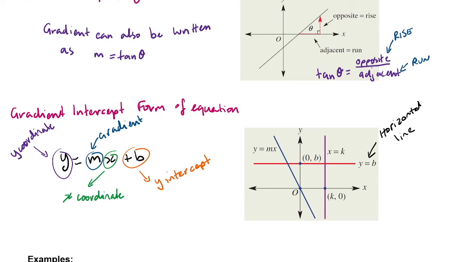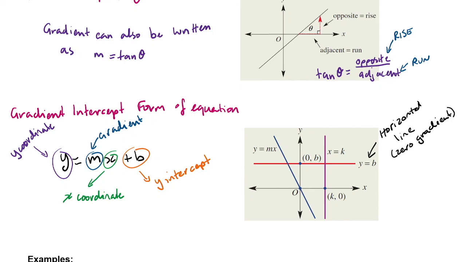So that is the horizontal line, y equals b, so whatever the y-intercept is, that is our equation, y equals b, and it's just a straight flat line, so it has a gradient of 0.